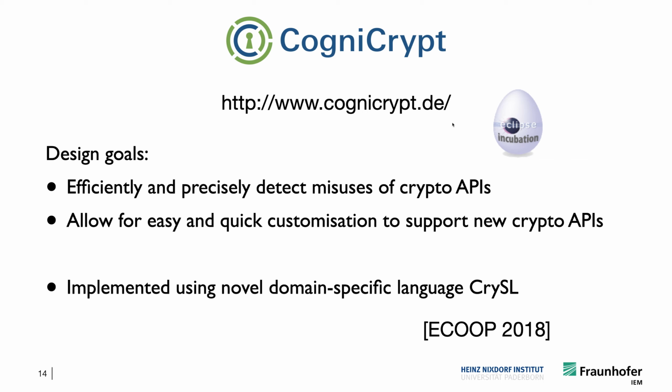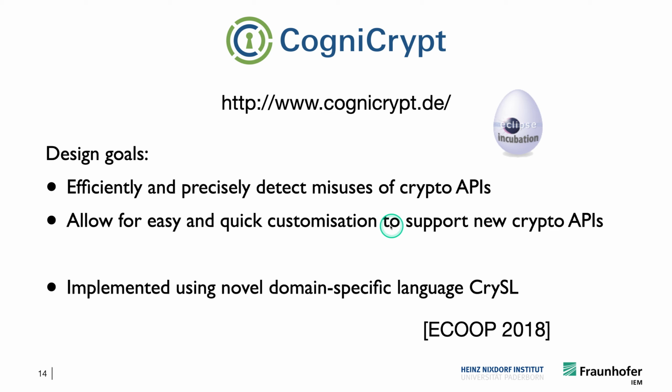We had a number of design goals when we started implementing all of this. And first of all, we wanted to have an efficient and precise analysis to actually detect misuses of these crypto APIs. But we also wanted to allow for easy and quick customization to actually support these new crypto APIs.